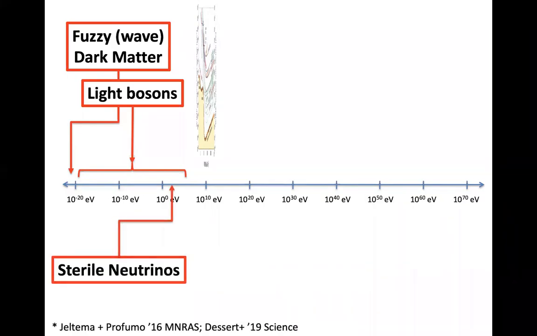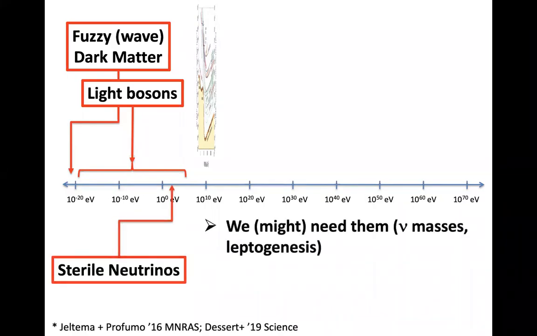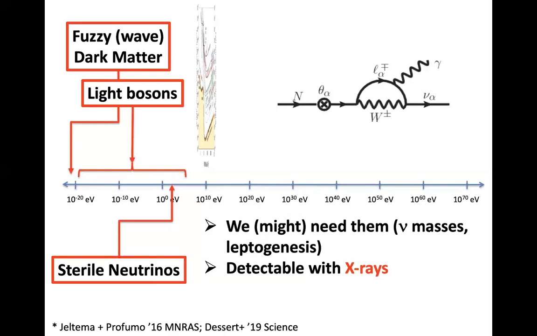Let me tell you a little bit about sterile neutrinos. Now, sterile neutrinos, what we mean by that is neutrinos that are not charged under SU(2)_L. We might need them for a variety of reasons, including, as I mentioned, the fact that neutrinos do exhibit mixing and certainly at least two of them have masses, and we don't really know how to give them a mass in the standard model, but the simplest way is probably to add a sterile component to the particle content of the standard model.